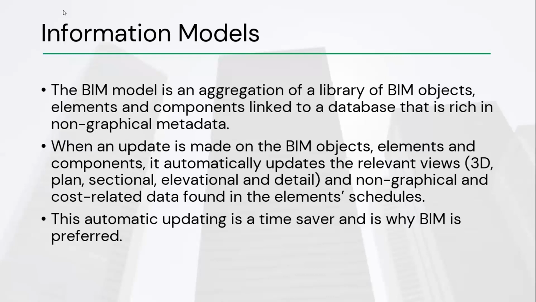And there is also non-graphical cost-related and facility management-related information, which will be found in the element schedules. So when an update is made on the floor plan of the model, that update is automatically reflected in the other views, in the sections, in the elevations, in the details, in the schedules, if your BIM model is set correctly.